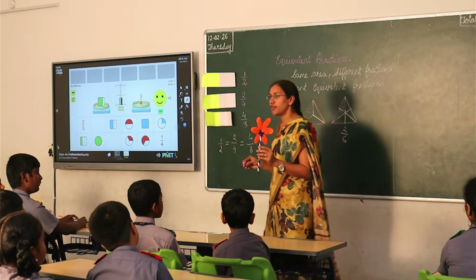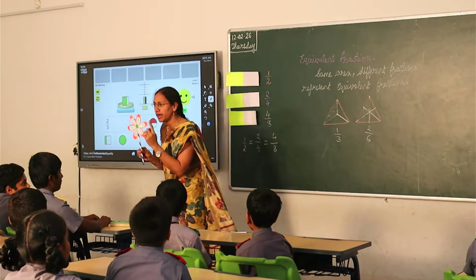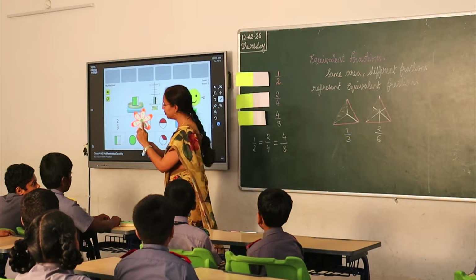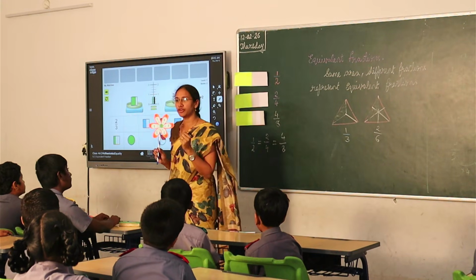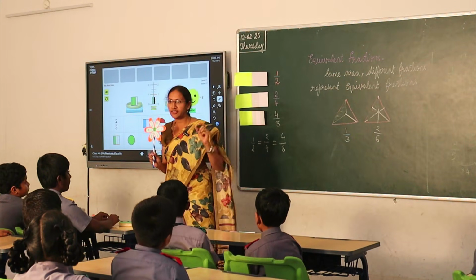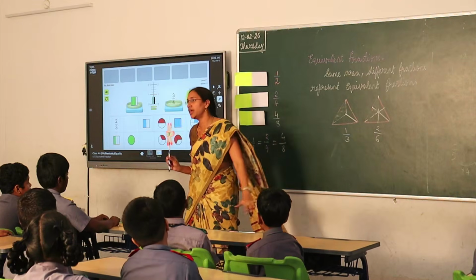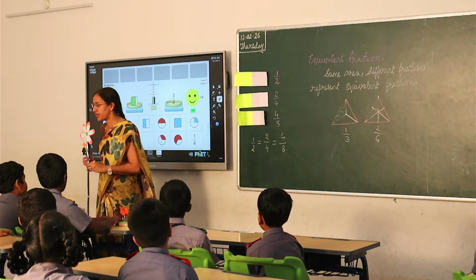Everyone prepare fraction fans. How will you prepare? The given fraction you need to write here and around it you have to write the first 7 equivalent fractions for the given fractions 2 by 3 and 4 by 5.